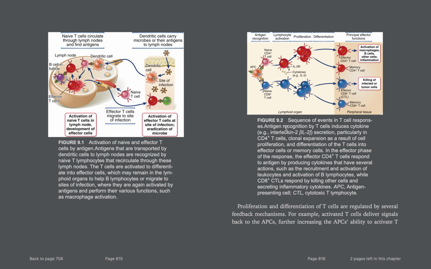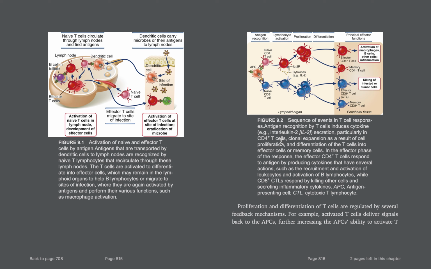This is figure 9.2, sequence of events in T cell response. Antigen recognition by T cells induces cytokine, Interleukin-2, secretion, particularly in CD4 T cells, clonal expansion as a result of cell proliferation, and differentiation of the T cell into effector cells or memory cells.